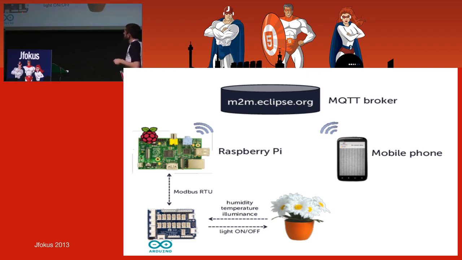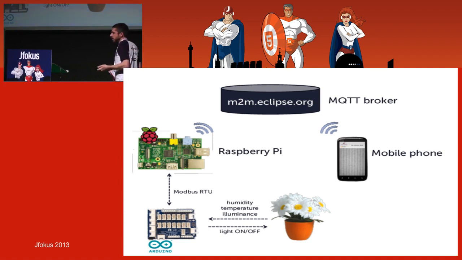So I will basically have a kind of simulator or emulator of my industrial PLC talking Modbus, and I will connect 2 Euro sensors to my Arduino to collect the humidity and the temperature. I may connect also some relays, and the idea is that I will have my fake PLC equipment, and then my embedded application will be communicating using MQTT with the public broker that we have at Eclipse.